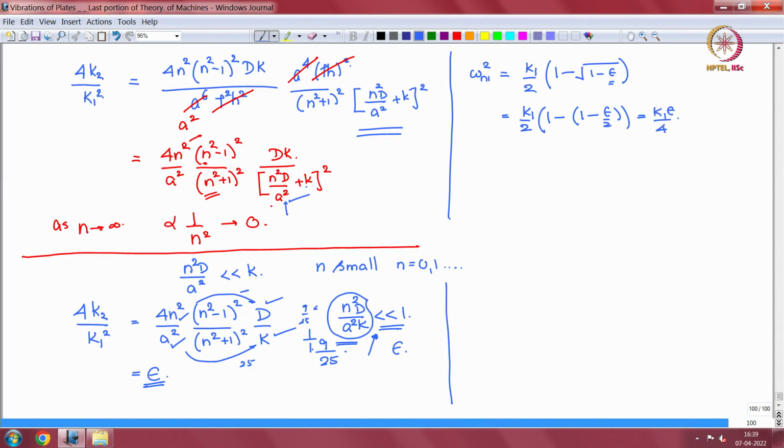So this becomes k1 by 2 into epsilon by 2.